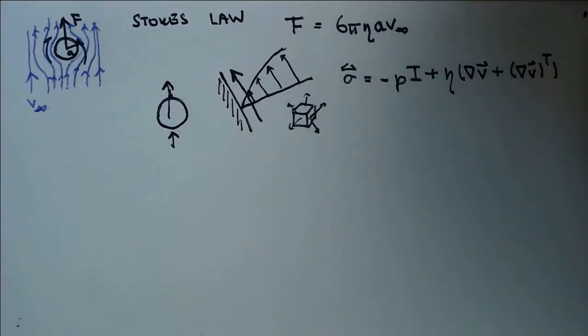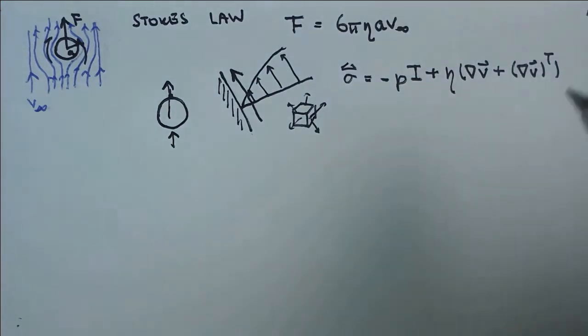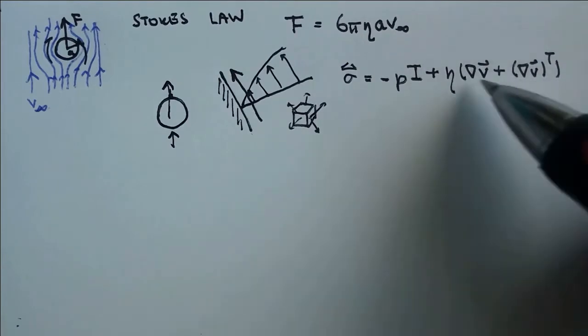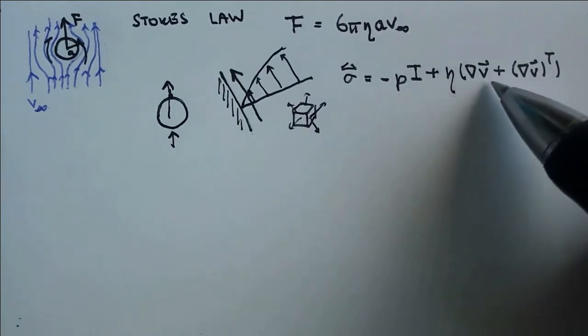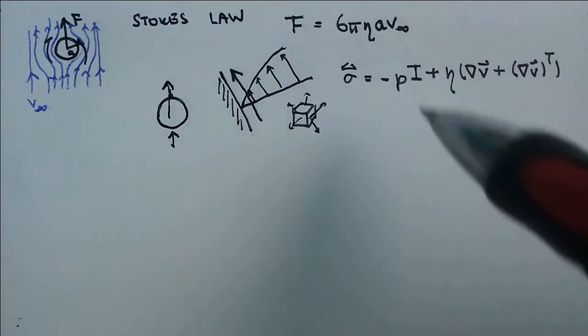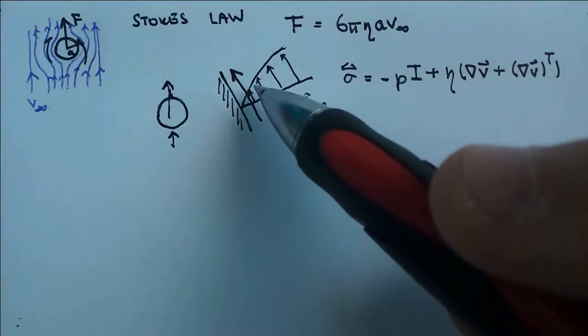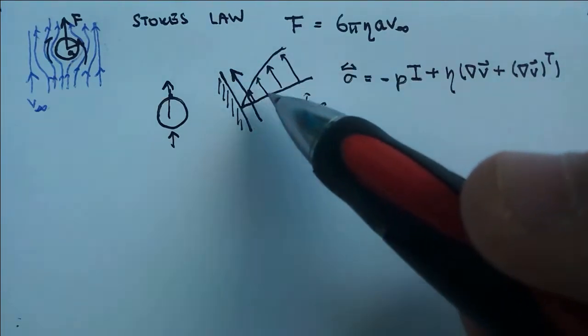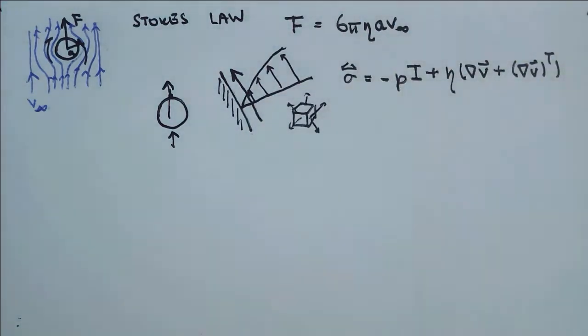This is the general expression of the stress tensor. It's natural to think about this kind of shape of equation, because this is exactly the derivative with respect to space in v, which is the same as saying there is a difference in velocity when you are moving farther away from the actual surface of the sphere.